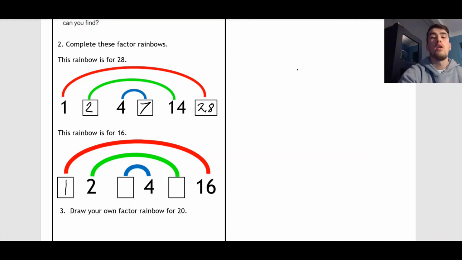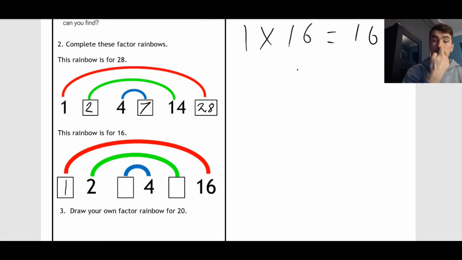It's 1. 1 times 16 equals 16. Then, what about if it's 2? So how many 2s are in 16? If you know your 8 times table, you should be able to get it really quickly. It's 8. How many 4s in 16? 4.